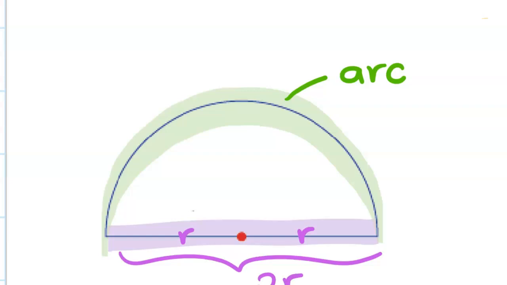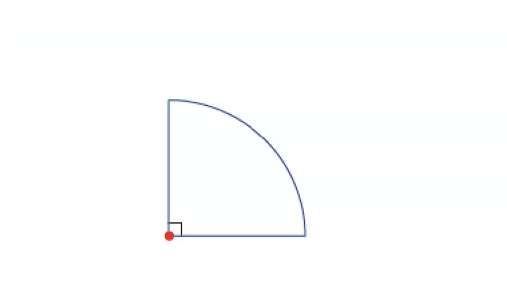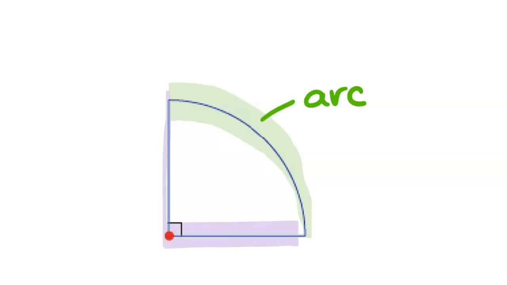Let's explore the other shapes we've got here. Here we have a quadrant, and I notice this arc, well, that's a quarter of a circle here. So that's the arc, and it's good to think about the fact that that's a quarter of the circle. And we also have, again, 2 lots of that radius, 2r.